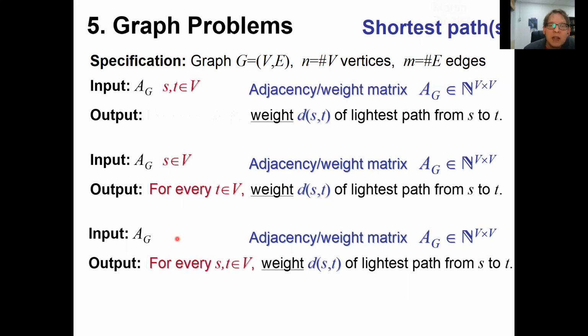And similarly, any algorithm for the second problem gives rise to an algorithm for the third problem by simply running the second algorithm repeatedly for every possible choice of start vertex S, again incurring an additional factor of n in computational cost, but there may be a more efficient algorithm tailored for the third problem that is more efficient than, let's say, n squared times running the first algorithm.